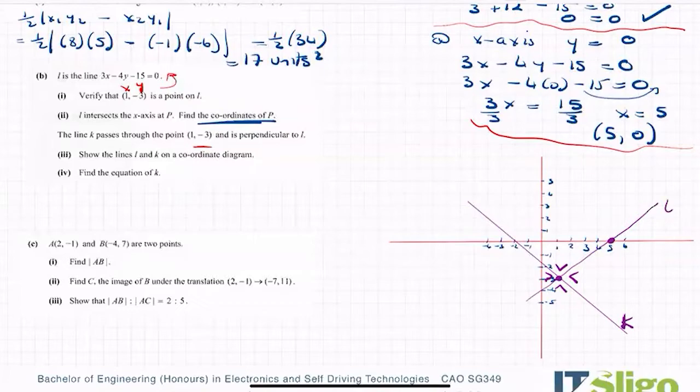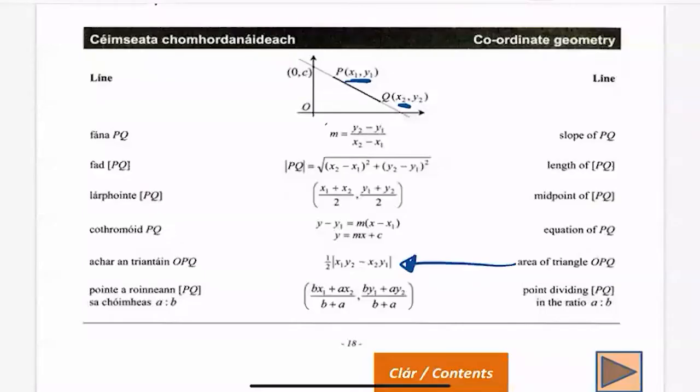Okay, find the equation of K. So to find the equation of K, the equation of a line formula is y minus y1 equals m times (x minus x1). We get that from our log tables. That top one is what we use to find an equation.